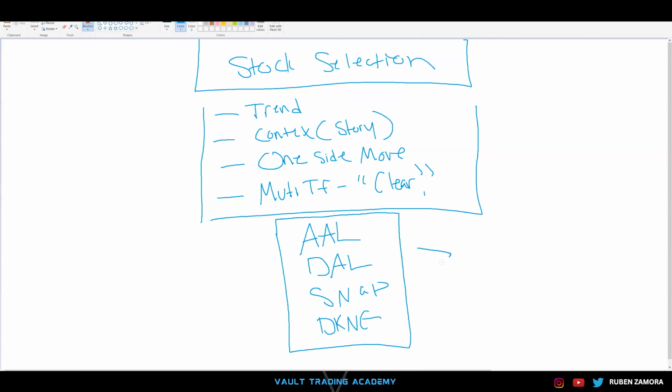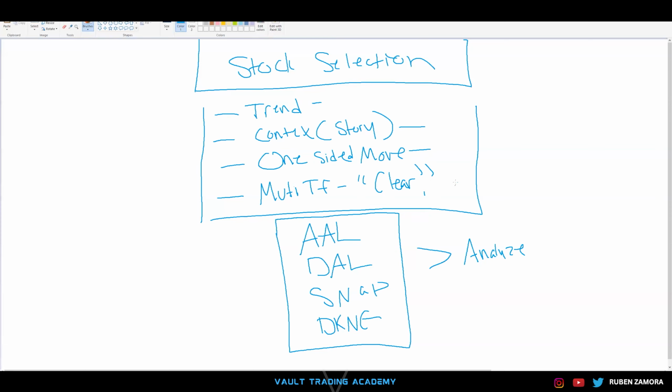I need to analyze and see what these four tell me. I need to see each as its own trend, read the context, read the story of it. Does it give me a one-sided move? And does the multi-time frame look clear?